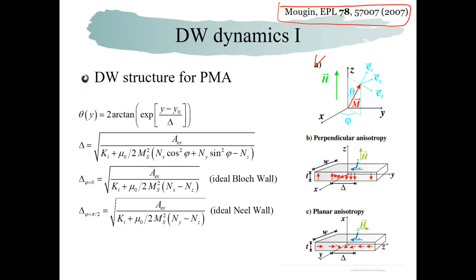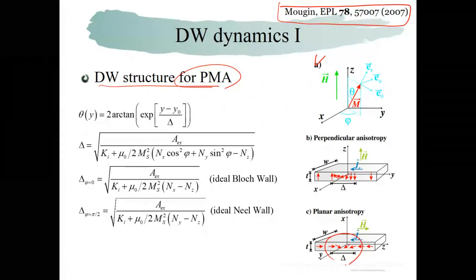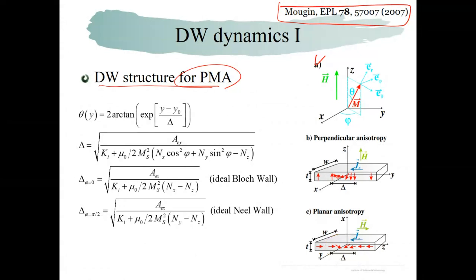Okay, first let's think about the domain wall structure in, for example, the PMA material here. If we have an up domain here and a down domain on the other side, then we have a domain wall, this structure. And let's define the domain wall width with delta. And in the in-plane case, we also have similar things, with the domain wall width delta.